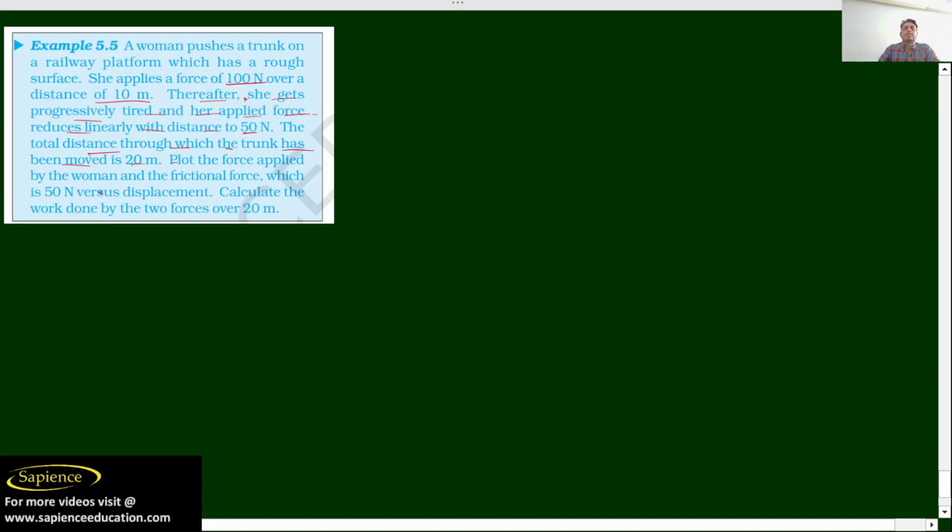Plot the force applied by the woman and the frictional force, which is 50 Newton, versus displacement. So we have to plot a displacement and force graph. Let us consider this is the y-axis and this is the x-axis.